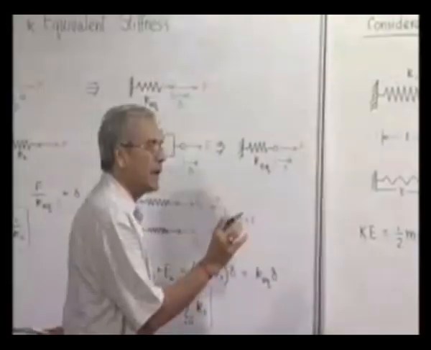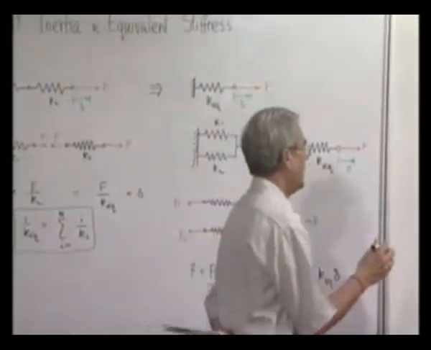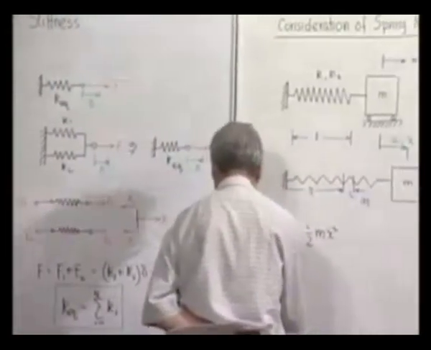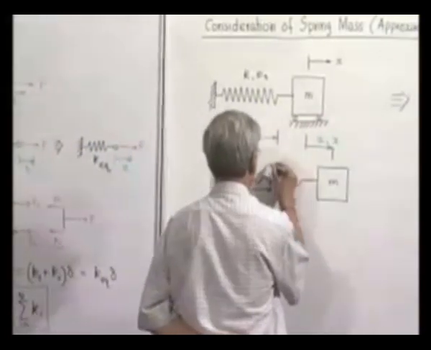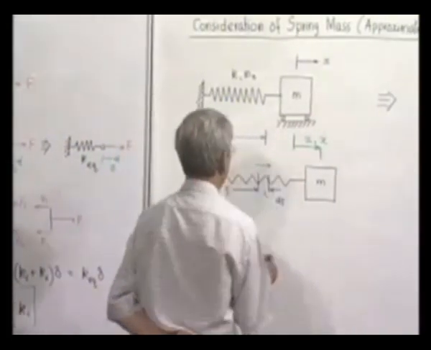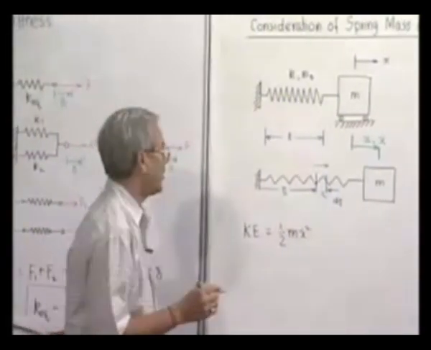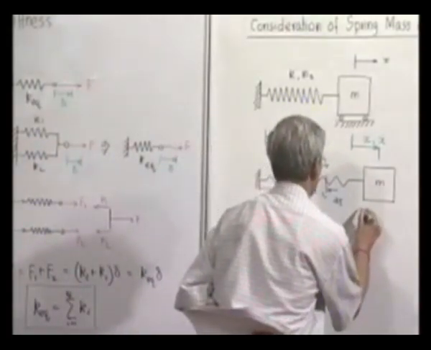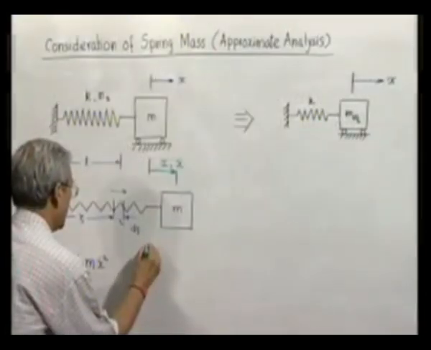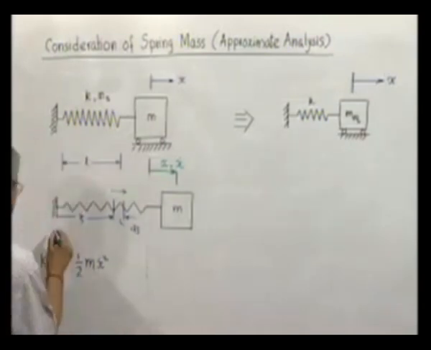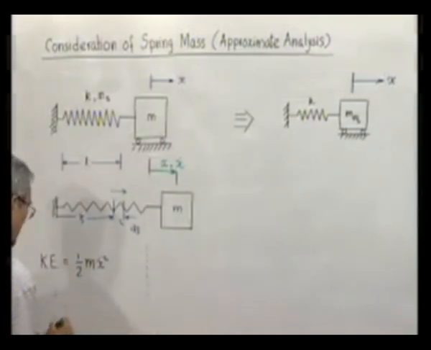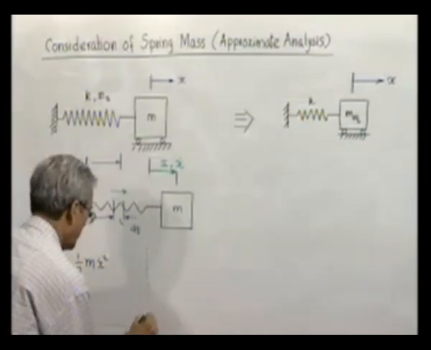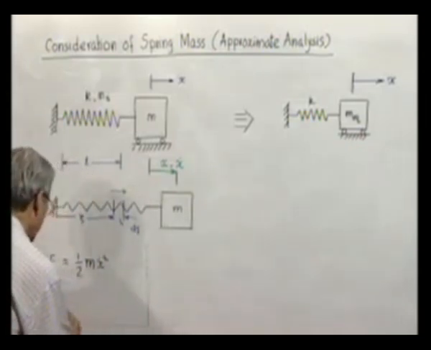So, that particular element has some mass, and the point is what is the velocity of this element. Here what we can do, we will assume that the deformation of the spring is linear.